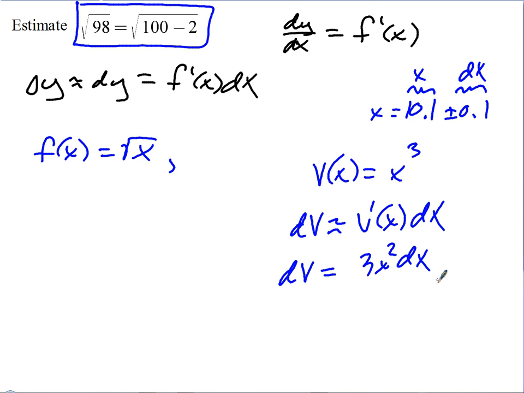We plug in 3 times 10.1 squared times plus or minus 0.1, and that gives us the plus or minus value for our propagated error.